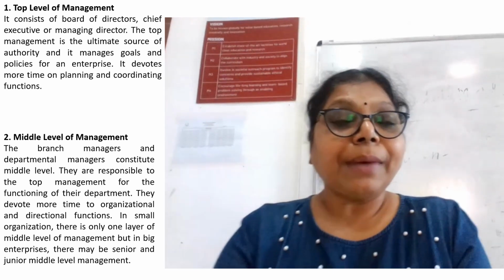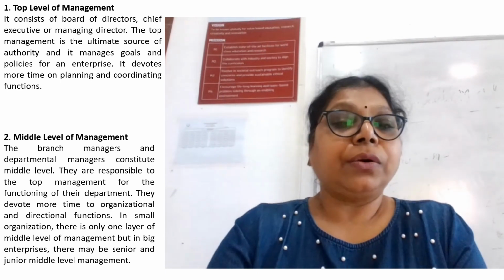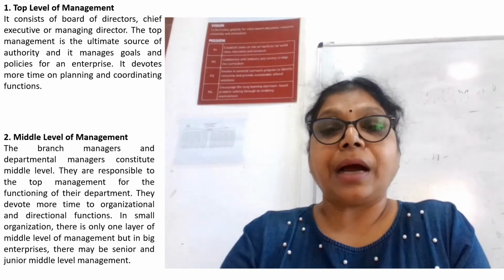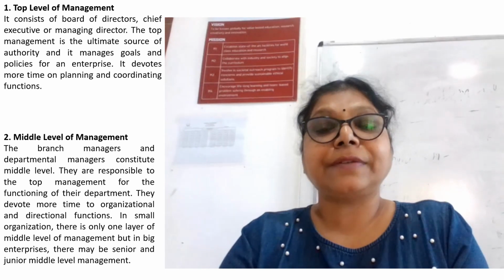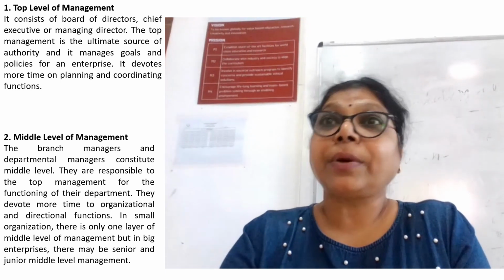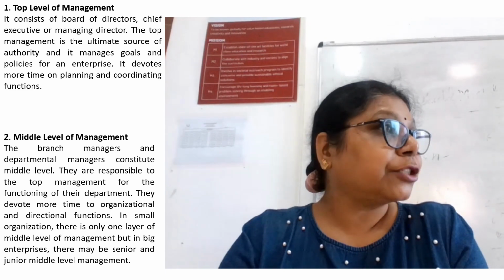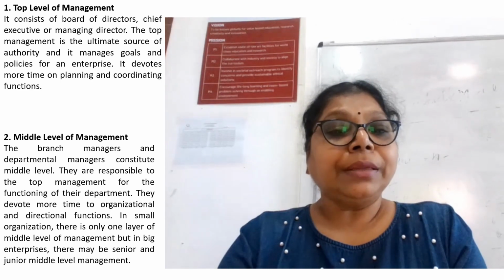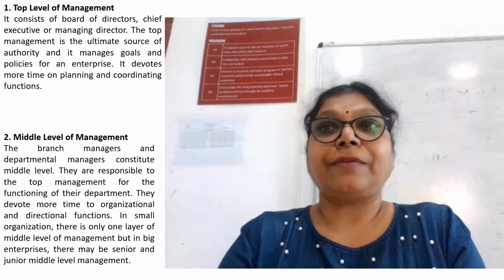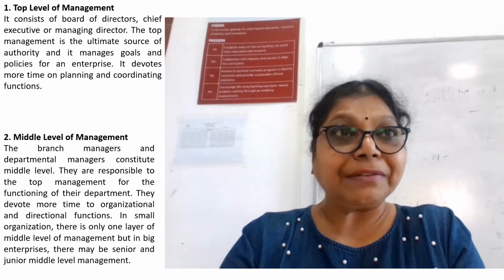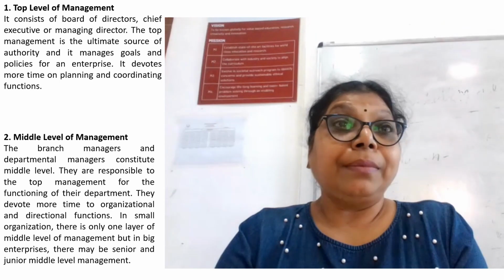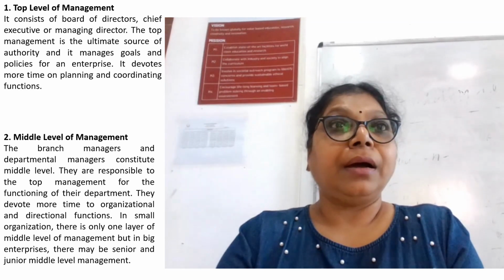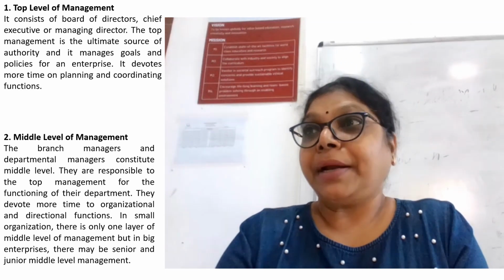So, middle management, as I'm telling you, their role can be like this. They execute the plans of the organization in accordance with the policies and directives of the top management. That means whatever has come from top management, directions or policies, they are supposed to execute it. They make plans for the subunits of the organization. Like, as I told you, we have verticals. Suppose I am a marketing manager, the Northern Territory manager.